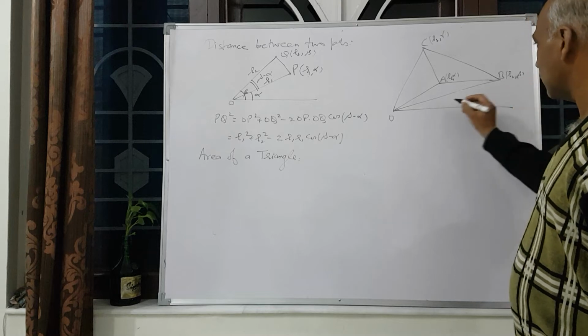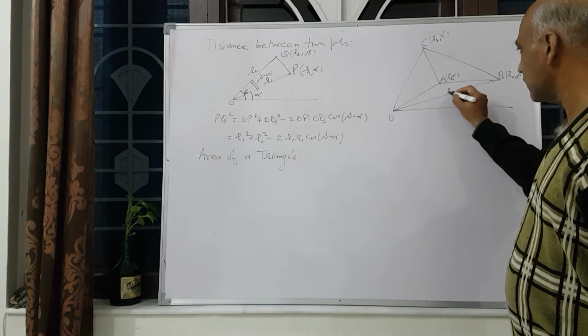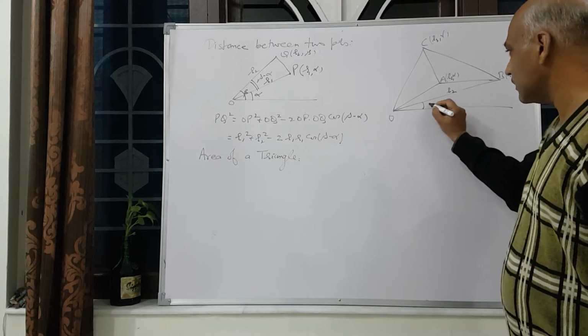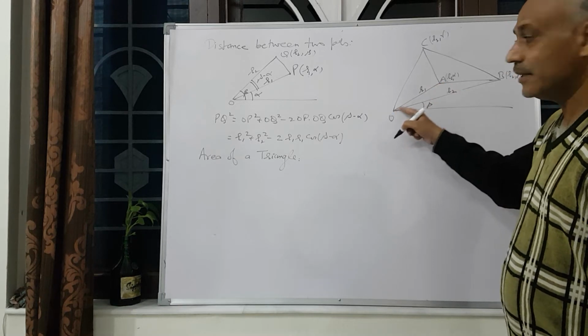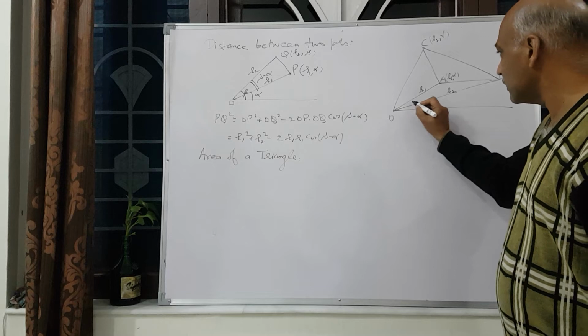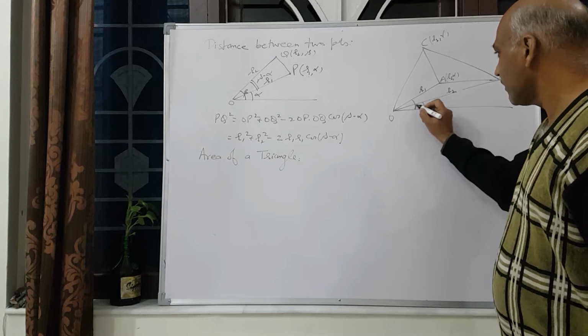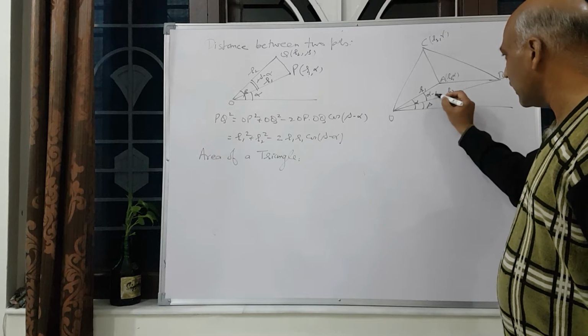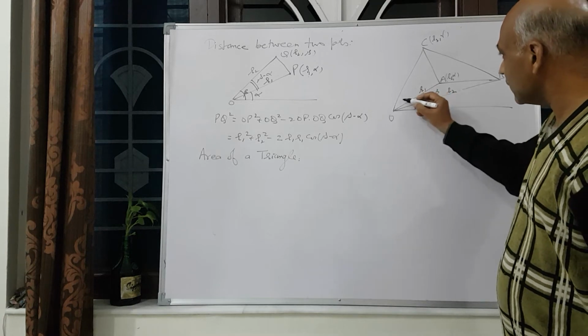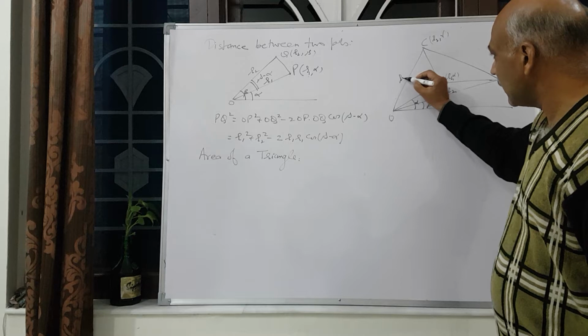This distance is R2 and this is beta. The distance from O to A is R1 and this is alpha. So this angle is alpha minus beta. And the distance here is R3.